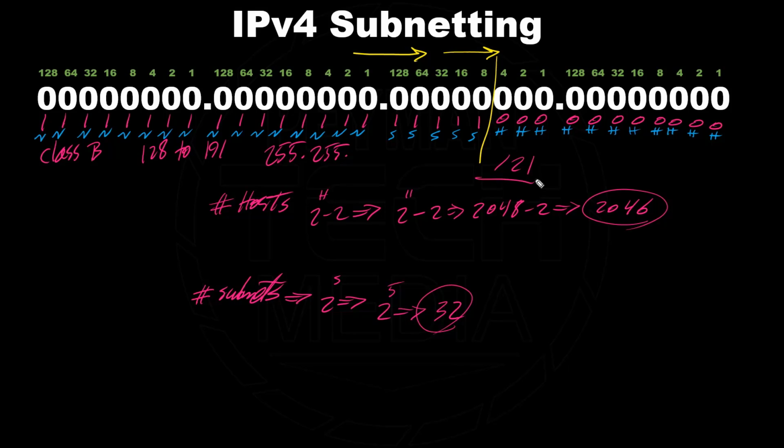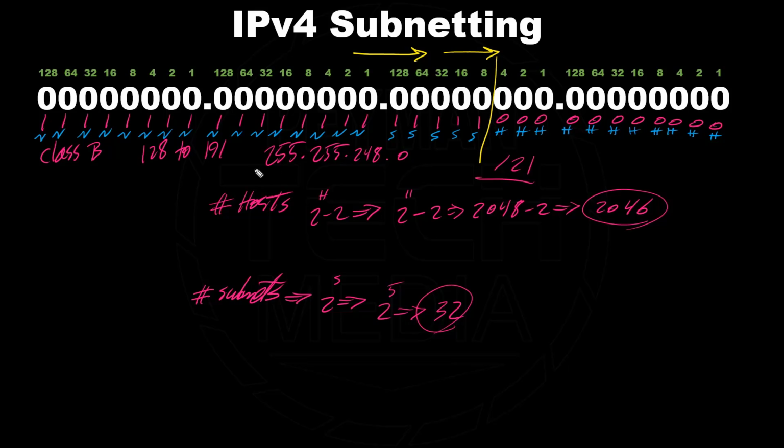When we have the CIDR notation of /21, the new subnet mask is 255, here we see. Here on the second octet also 255, all the bits turned on. On the third octet we have only 5 bits turned on, which is 248. On the last octet all the bits are turned off, it's 0.